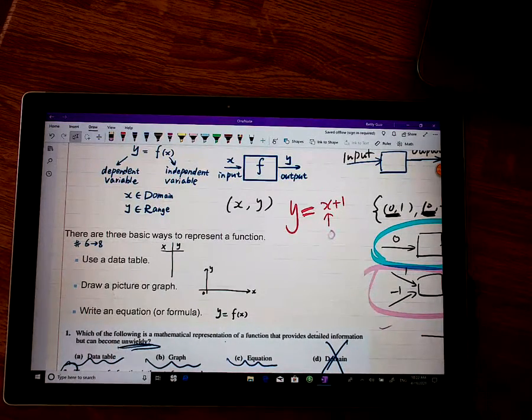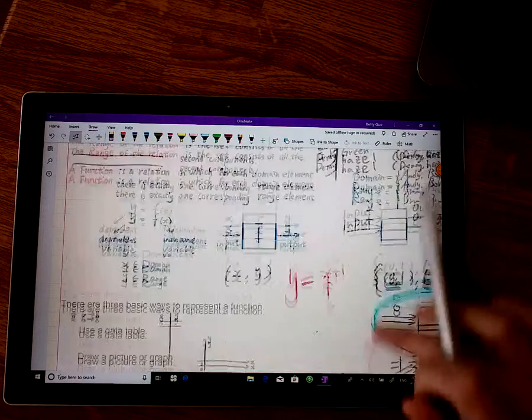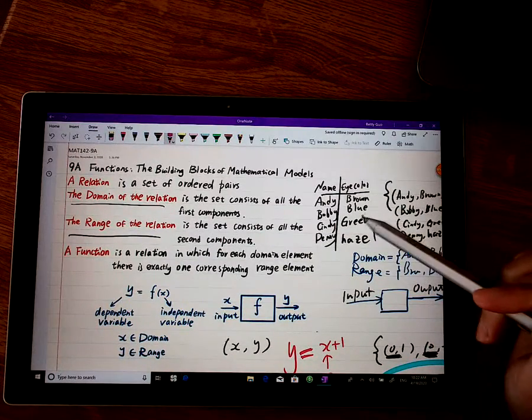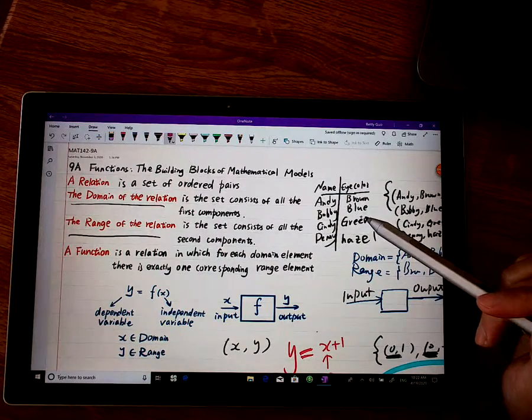Okay, so as the note says, there are three basic ways to represent a function. Use a data table. Did we have a data table? This is a data table, right? Yeah, this is a function. We brought it in as a relation to explain the definition for relation.